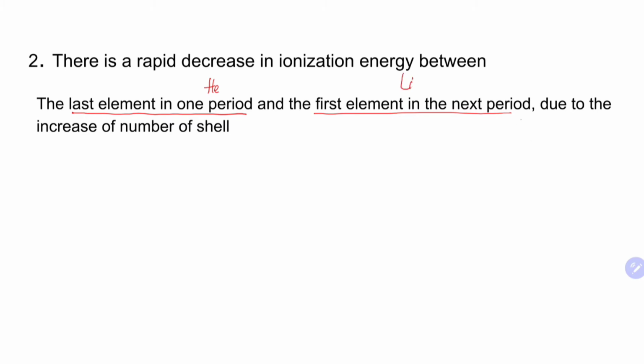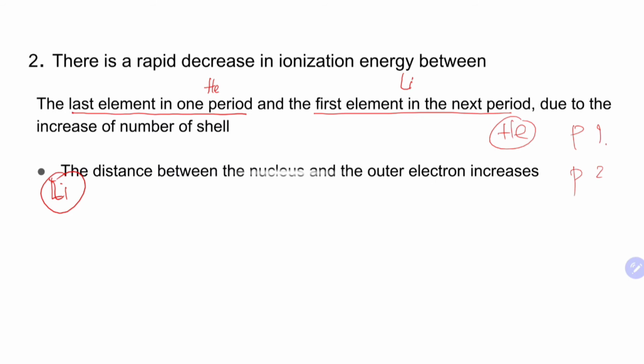So you have helium here, period 1, and you have period 2 in the periodic table here, lithium. The distance between the nucleus and the outer shell increases.